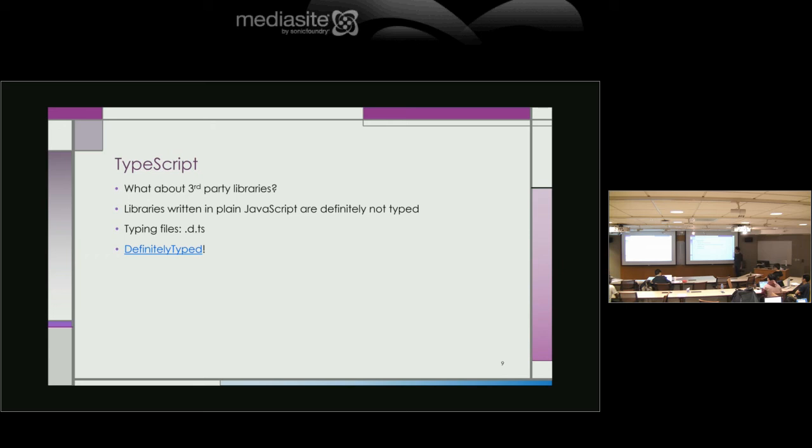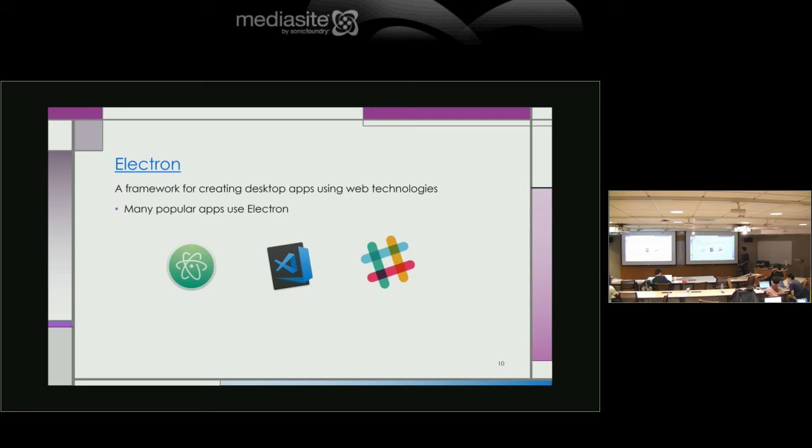And using them is very easy. All you have to do when you want to use a JavaScript library is write this command and pass the name of the library here. And it goes to this repository and grabs the typing file.